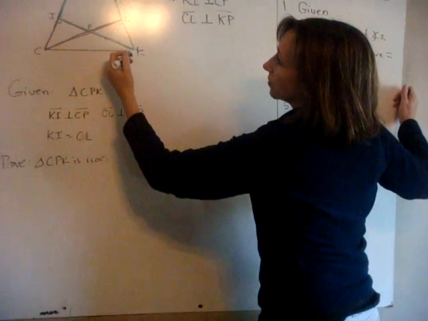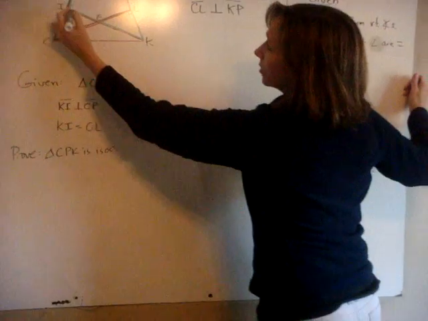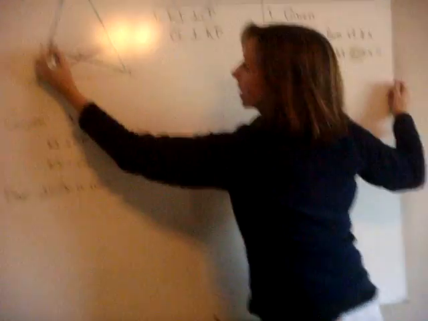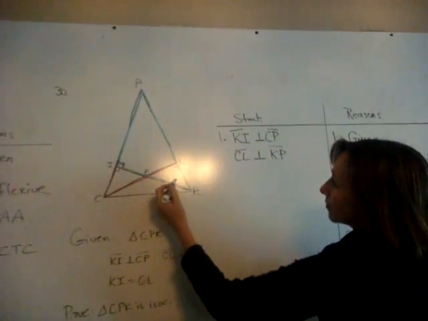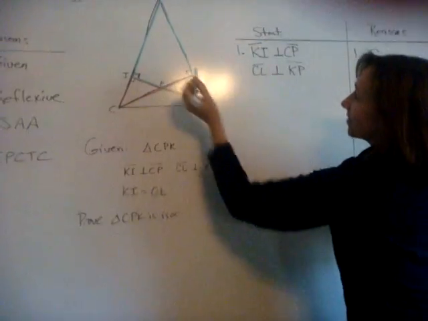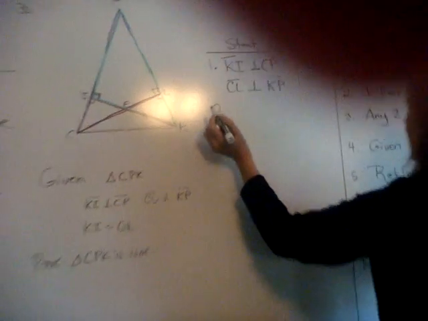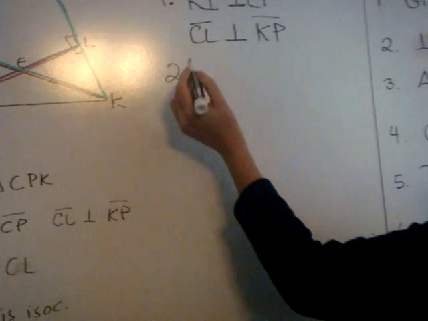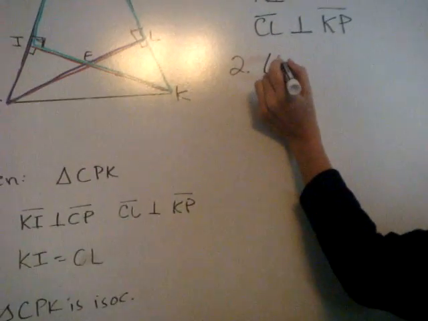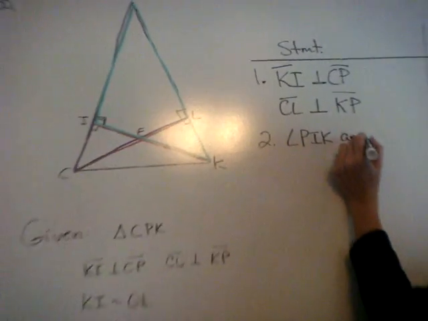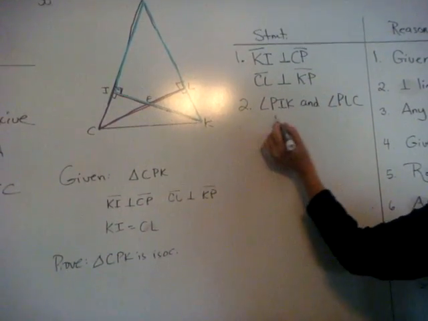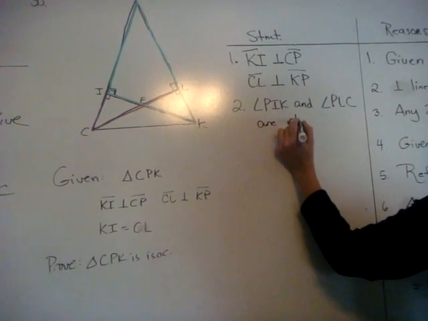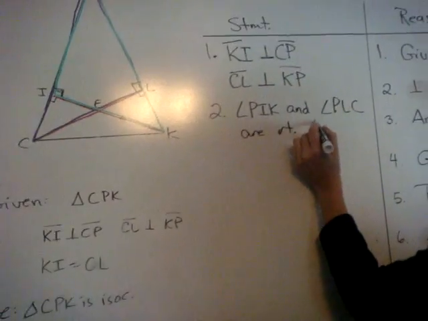Now, let's look at what we have here. If we have these triangles, we know that this is also a perpendicular angle, or right angle, and we know that in this purple triangle this is a right angle. So we can say that angle PIK and angle PLC are right angles.